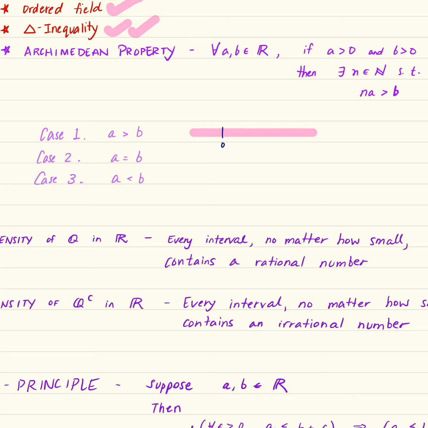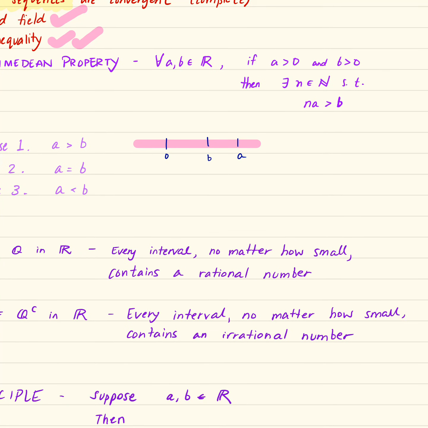So a and b are both greater than 0, and a is bigger than b. Okay, in this case, there's really nothing to prove because you just let n equal 1. If you let n equal 1, then it will be true that there exists a counting number n such that n times a is bigger than b.